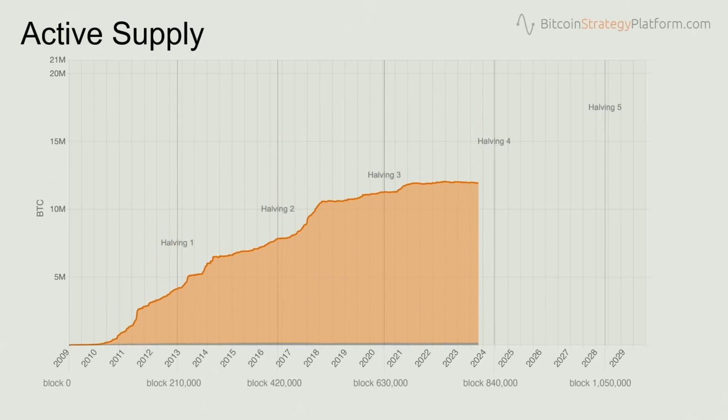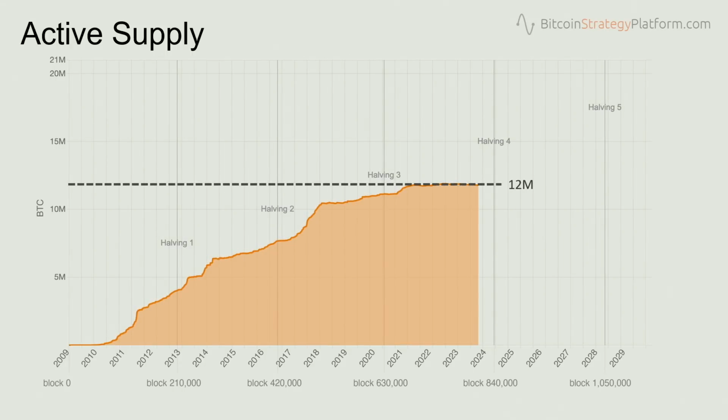Now, for the active supply, instead of having 19.5 million coins, we are down to 12 million coins that are in circulation and actively responsible for Bitcoin's price discovery. This active supply is built up from all kinds of liquidity levels, from very illiquid supply to very liquid supply.